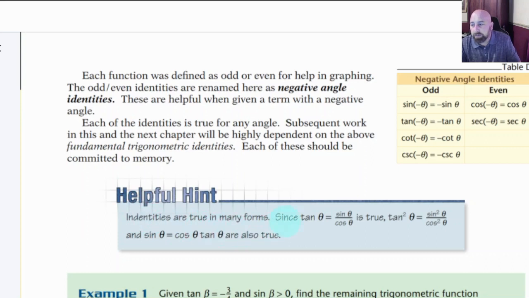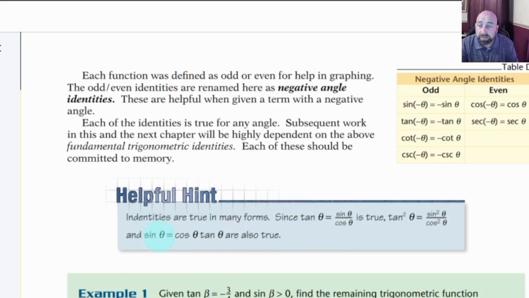Identities are true in many forms. Since tangent of theta equals sine of theta over cosine of theta, it is also true that tangent squared of theta equals sine squared theta over cosine squared theta. And you could do it this way. Basically, what you're doing is multiplying both sides, so you're getting sine by itself.